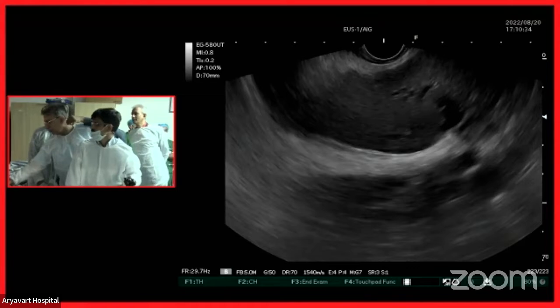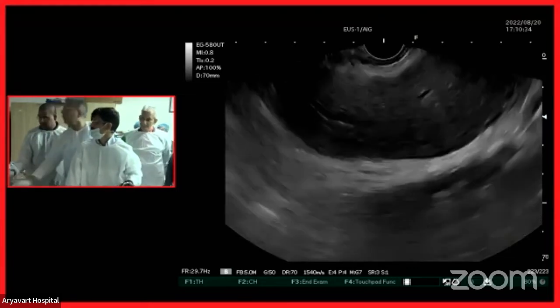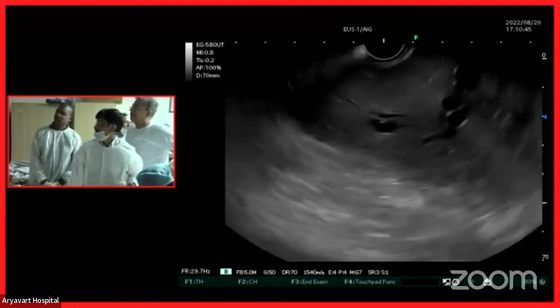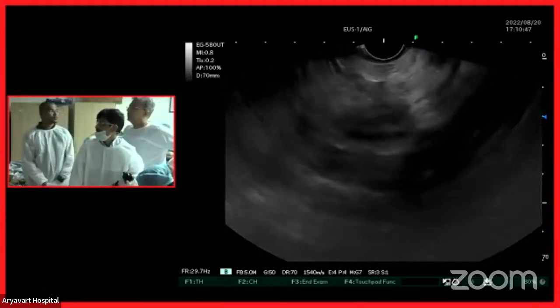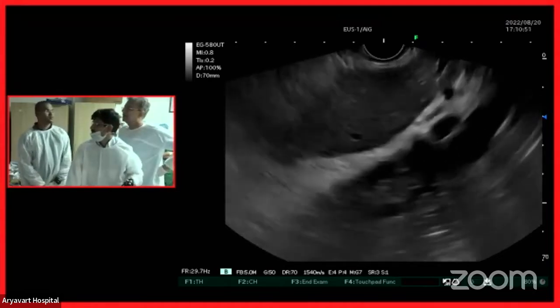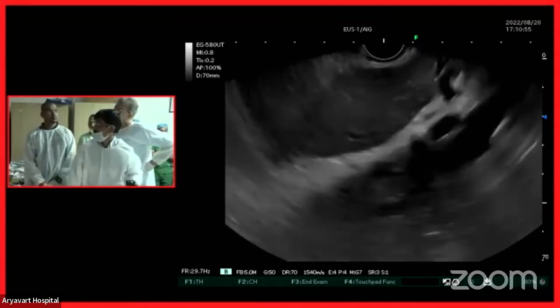Can you explain to the beginners what you think this is? The ligaments are a little bit visible, because there is the ligamentum teres there, but not so well. Yes, this could be the ligamentum teres.